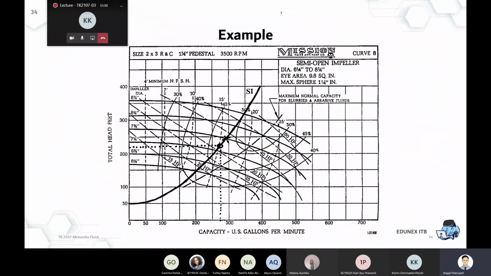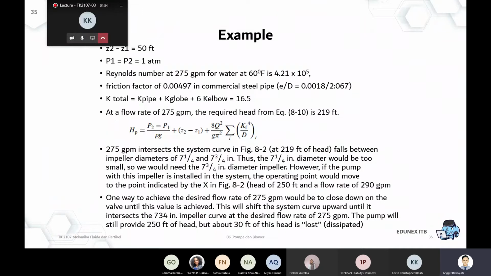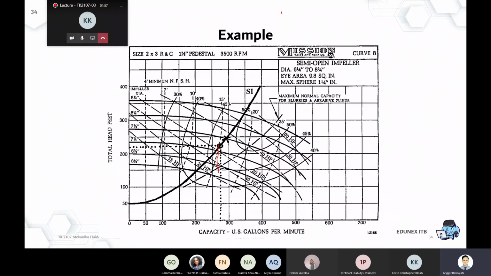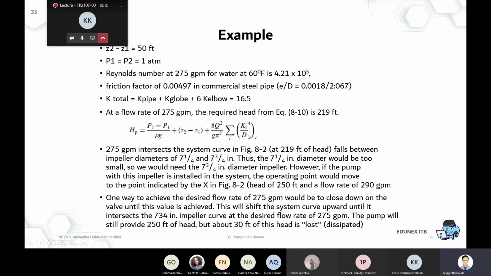It's already provided the flow rate that we're evaluating, the 275 GPM. I'll go back to this curve later. In terms of the number, you can match it.